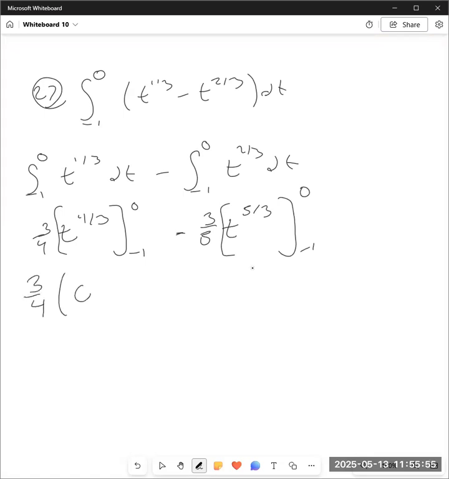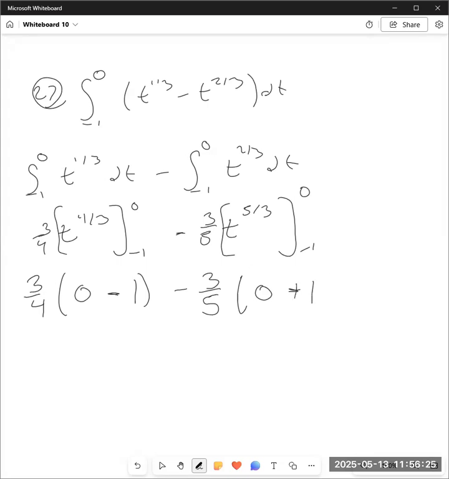So put in 3/4. 0 to the 4/3 is going to be 0. -1 to the 4/3 is going to be 1. -3/5. And again, 0 to the 5/3 is 0. And then minus -1 to the 5/3 is going to be -1.